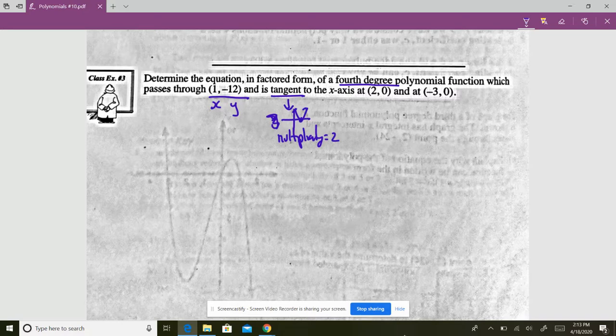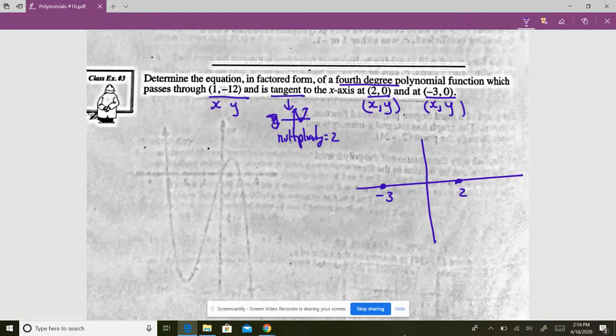So it has tangents at the points 2, 0 and negative 3, 0. These are your x-intercepts because it's x, y, and if y is 0, it's your x-intercept. So essentially what it's saying is the point negative 3 and the point 2, the graph goes through them.